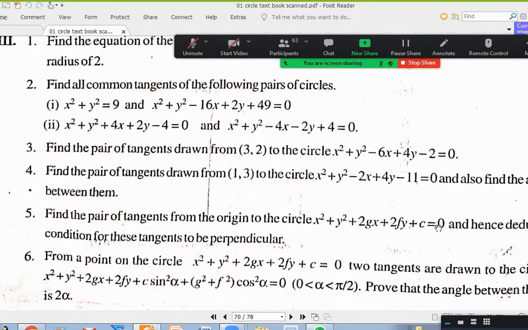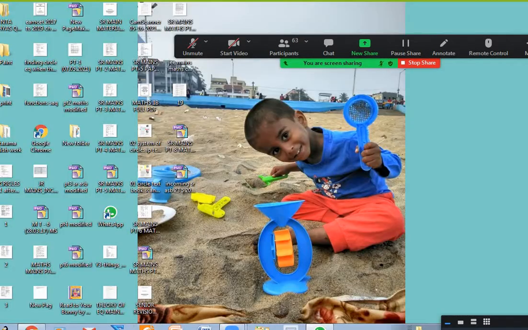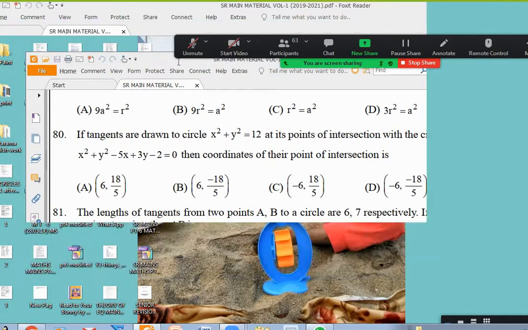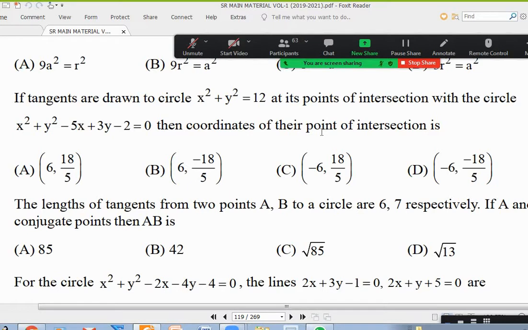Okay, if you don't have any doubts in IP, then mains doubts I'll discuss. Okay, up to 80, I discussed already.